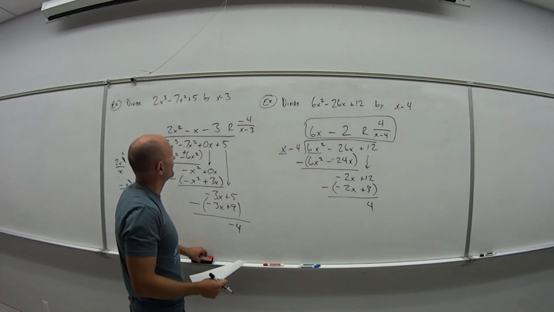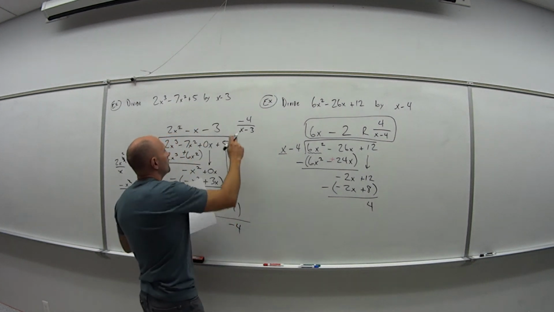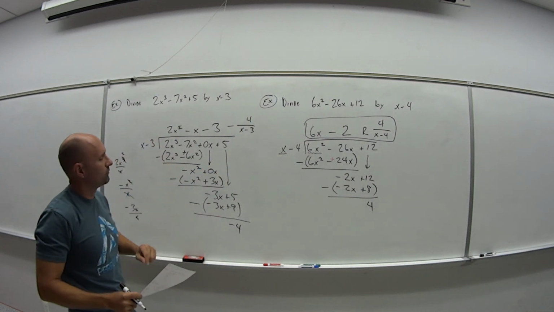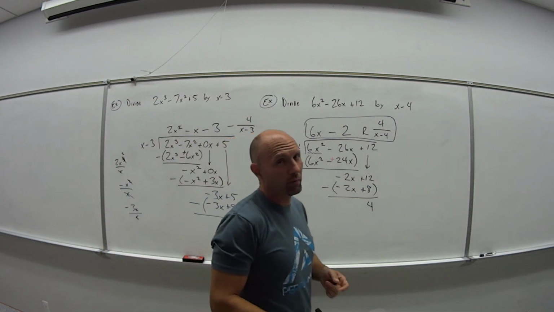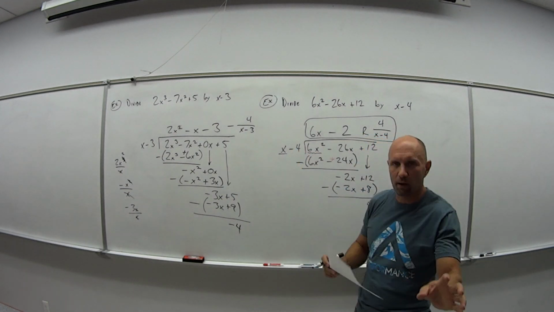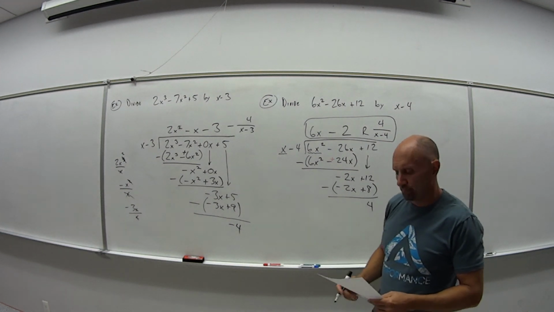Another way to write this, if we didn't want to put the r in there, is to just put minus the remainder piece. So you'll see it two different ways. Not sure if WebAssign is asking you to put it in that form, or if it has like, what's the polynomial, what's the remainder. But that would be the answer you'd get.